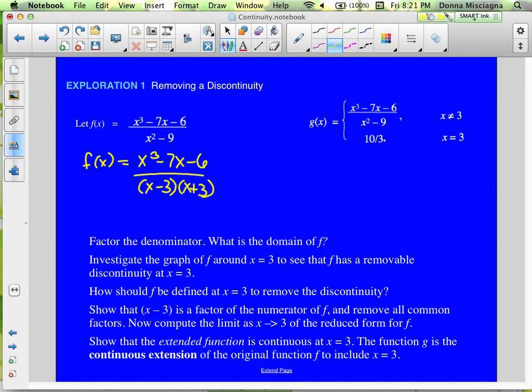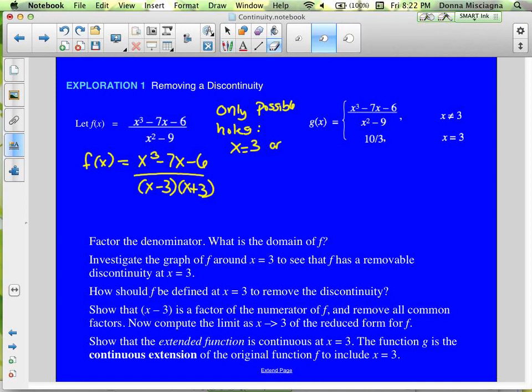Or you can just try the only two possibilities for holes, since we would need the same factor in the numerator and denominator. So the only possible holes we could have are at x equals 3 or x equals negative 3. Let's test out 3 and negative 3 and see which is the hole.